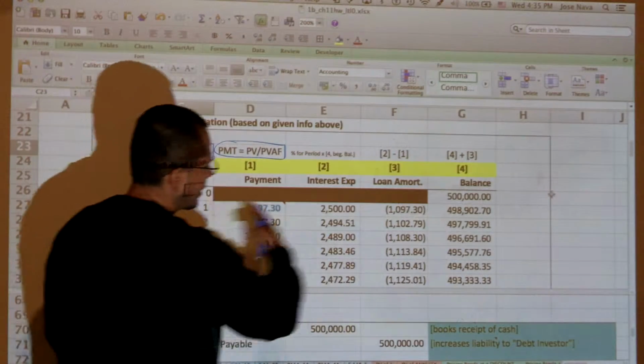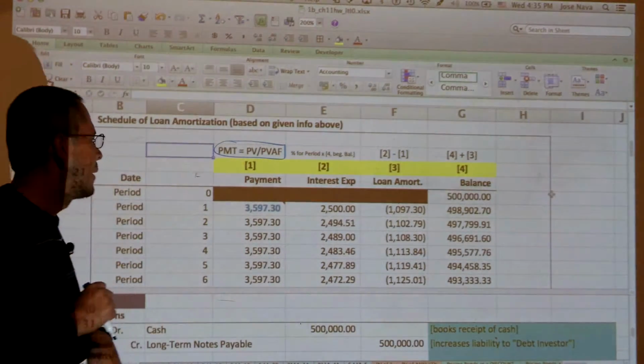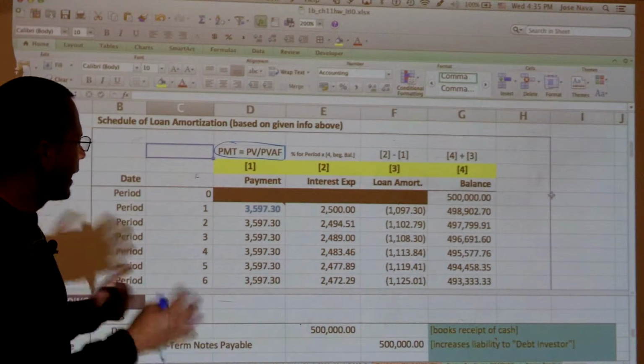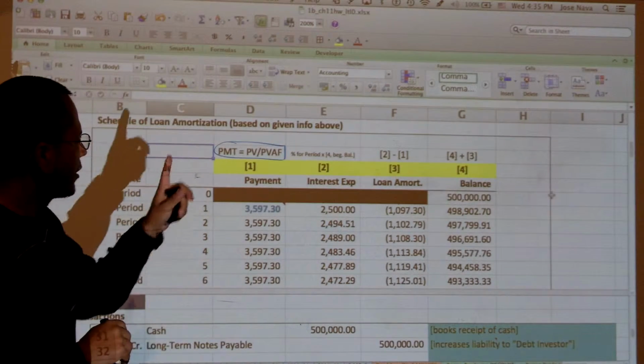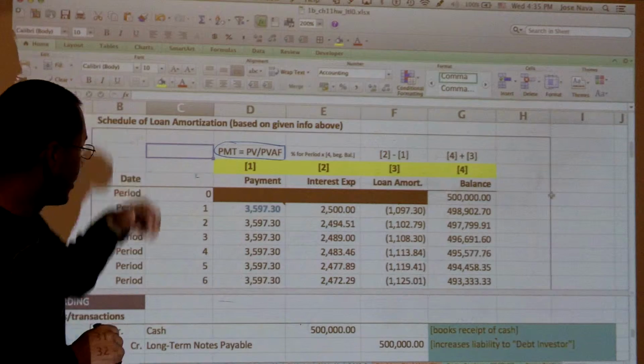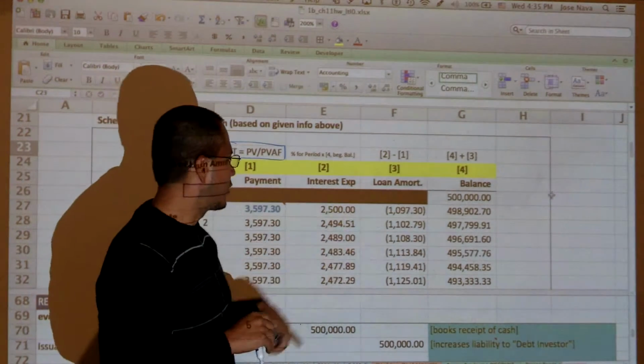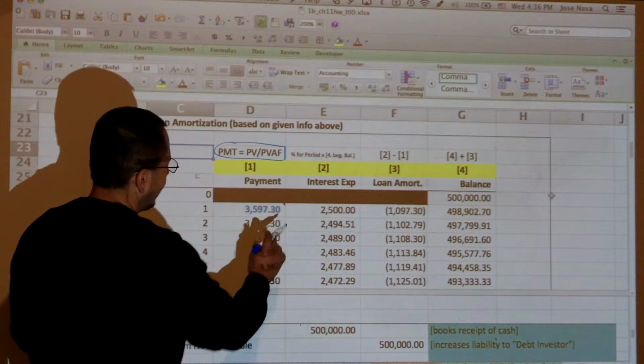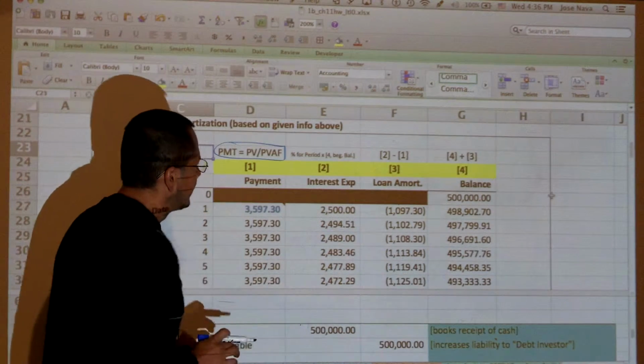As you can see, that's how the schedule is set up, to continually figure out what the breakout is between the interest expense and the pay down, or what we call in this case the loan amortization on that loan.